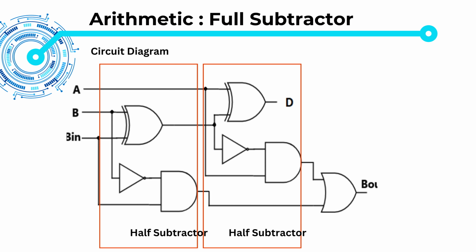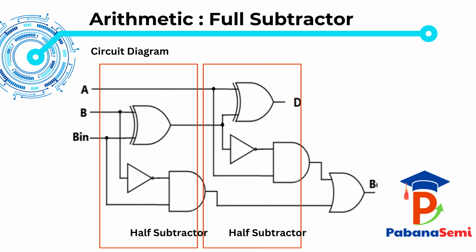Let's look at the gate-level implementation of a full subtractor. This circuit is built using two half subtractors and one OR gate, similar to how a full adder can be built from two half adders. In the first half subtractor block, we subtract b from a. This produces an intermediate difference, call it d1, and a borrow b1.